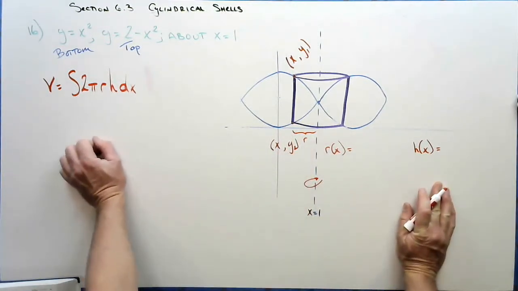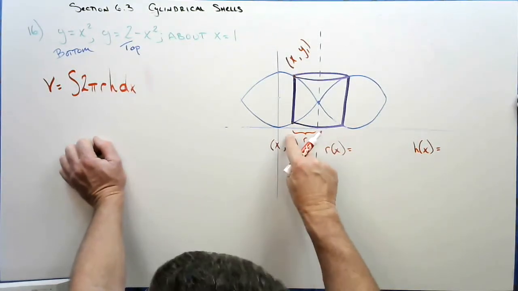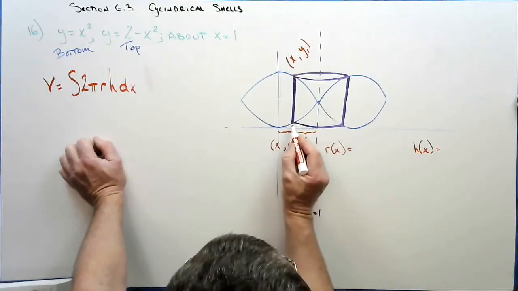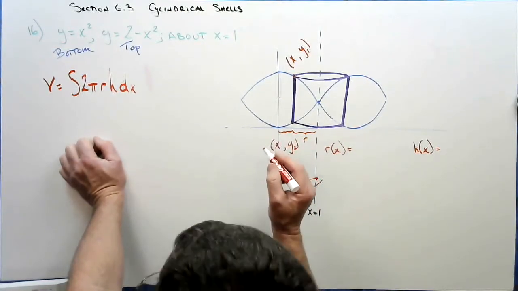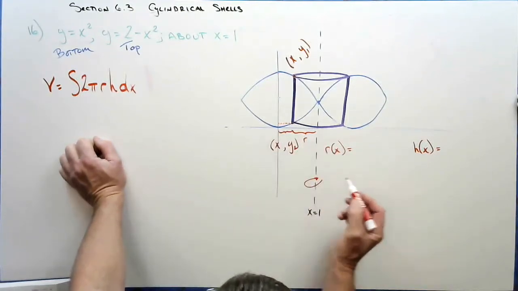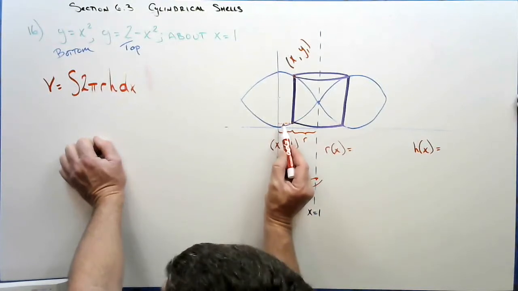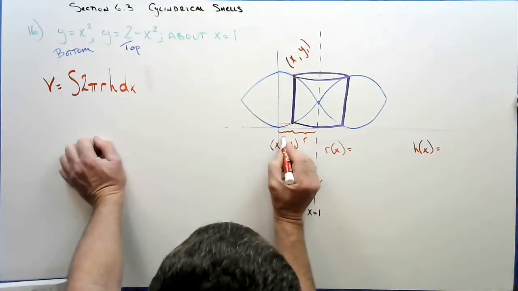Now we're going to have to use our 3 bracket method, right? We do 1 bracket from our axis of rotation to our point. We do another bracket from our point to one of the x or y axis. So how far is it from here to here? Well, that's x, isn't it? Because that's how the Cartesian plane works. The distance from the y-axis out, that's going to be x.